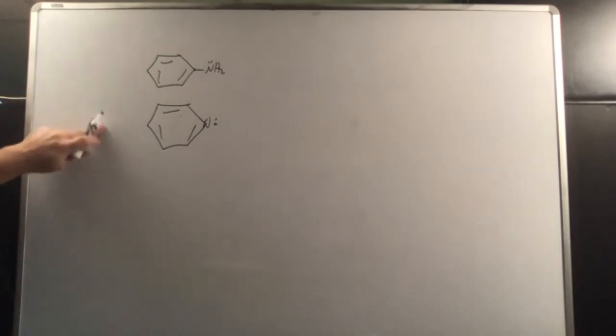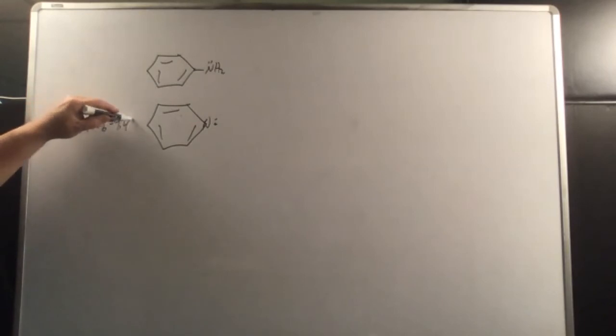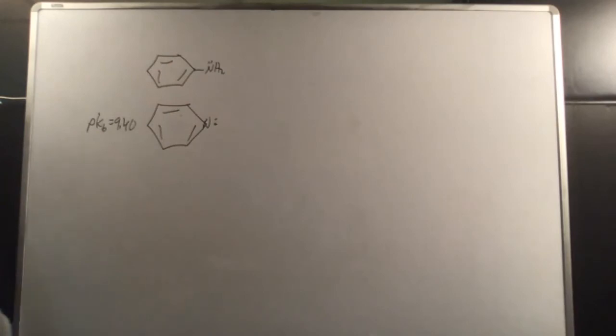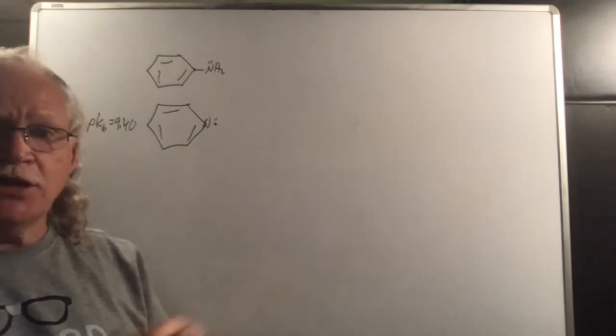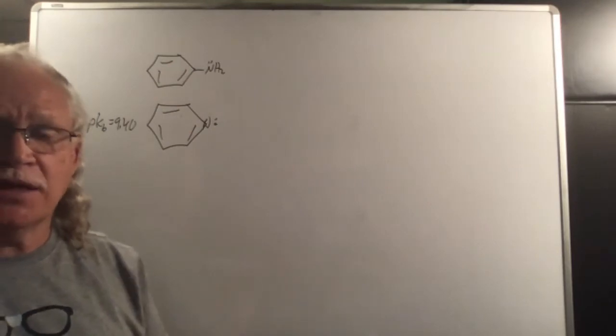Which one of those compounds is more basic? This has a pKb of 9.40. Would you expect this compound to be more basic or less basic? Okay, I want you to answer out loud at your house. You don't have to unmute your mics. Is it more basic or less basic?